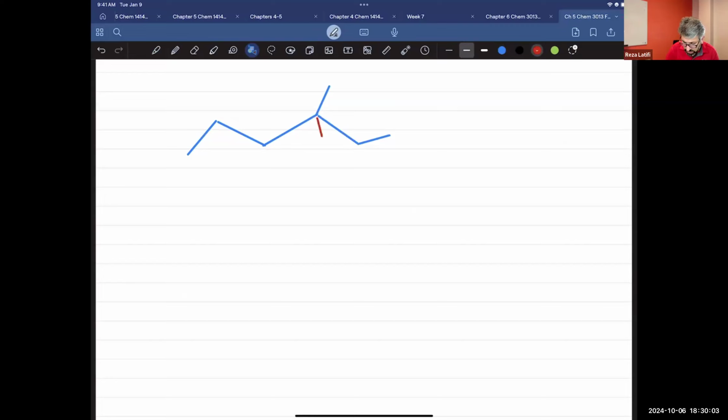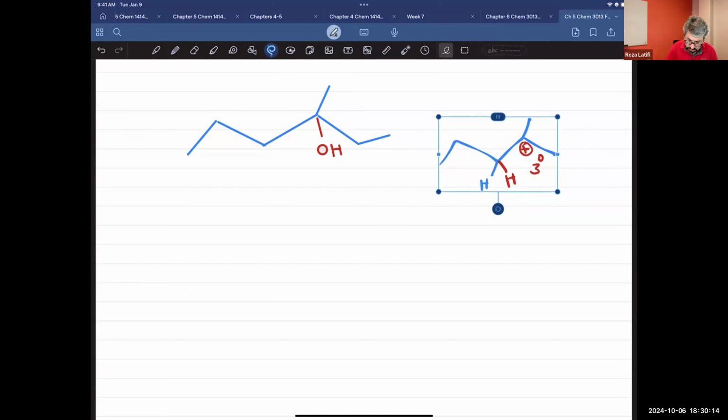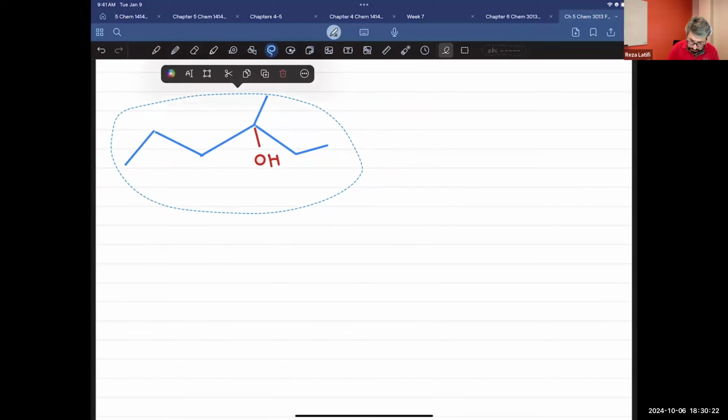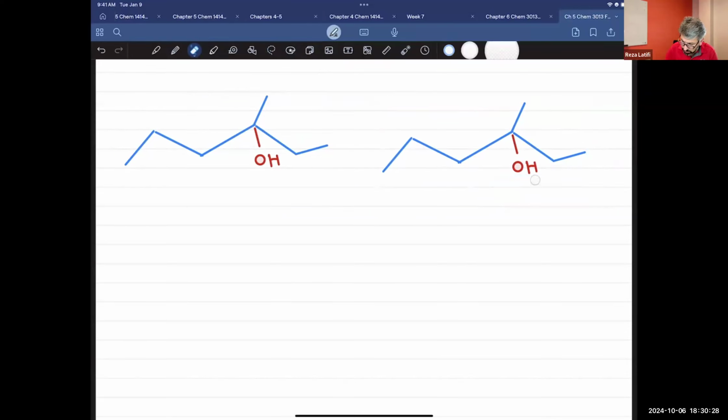If the addition happened from the bottom, we get OH attached to the bottom, and if this one happened from the top, I'm going to copy paste this one. You add OH to the top of the molecule.